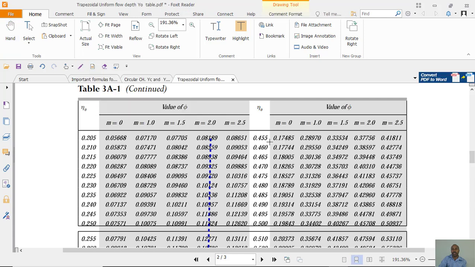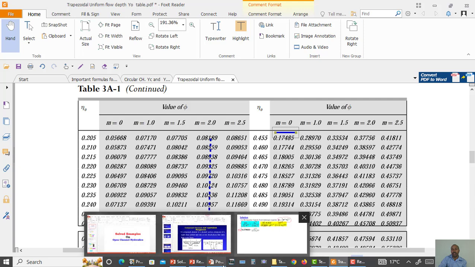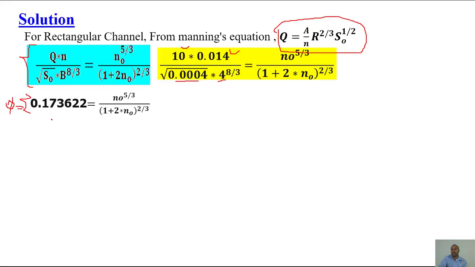You can iterate to something like that, then you will have y naught over b. Then finally, you arrive at the solution.